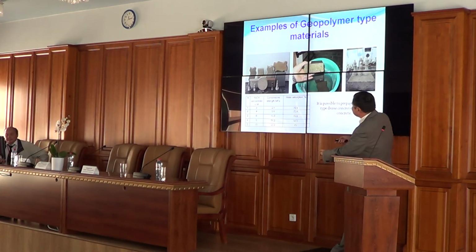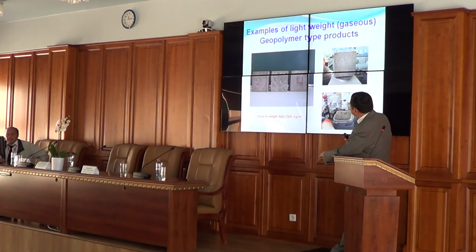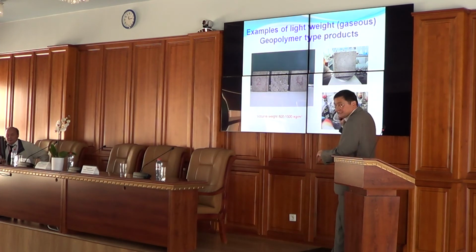Examples of materials we are producing: lightweight aerated concrete. The volume weight is 800 to 1,000 kilograms per cubic meter, a good value. But the compressive strength of this lightweight concrete is a little heavy. However, the compressive strength is much higher than what we are producing.